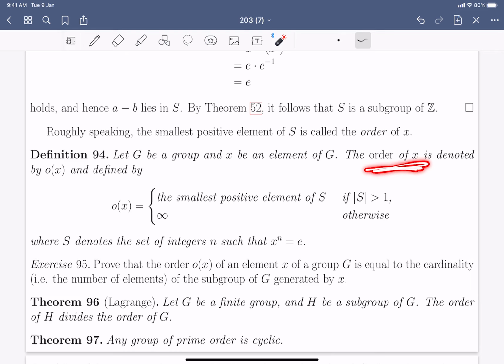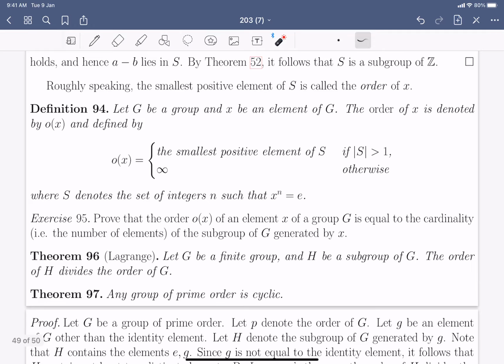But order of X is different, right? Earlier we discussed the notion of order of a group. Now we're discussing order of an element, right? It's customary to use the term order in both contexts, and we do not have any choice in that regard. So be a bit careful. There might be some confusions, okay? With care, you will be out of that trouble.